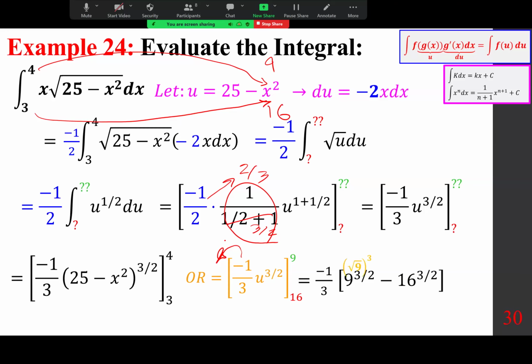So 9 to the power of 3/2 is square root of 9, or 3 cubed, 27, minus 16 to the power of 3/2, which is square root of 16, or 4 cubed, 64, results in negative 37. The product of negative 1/3 and negative 37 is positive 37/3 as the final answer.